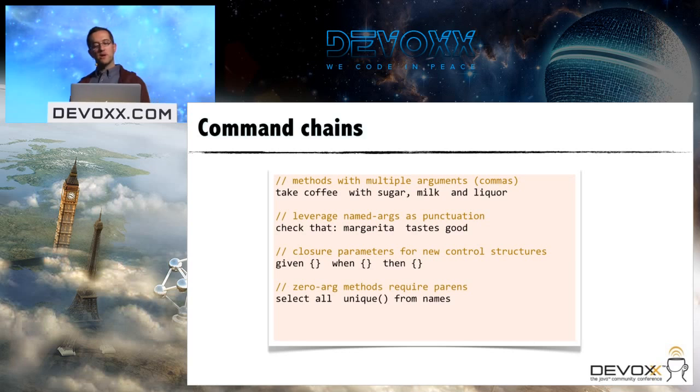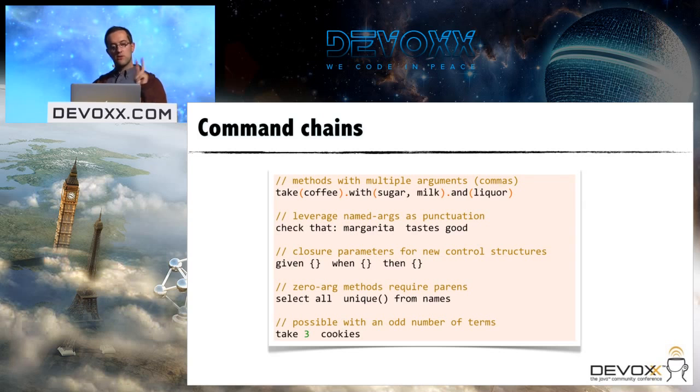There's one case where you actually need parentheses. It's when a method in the chain of calls doesn't take any argument. So when there are 0 arguments, you'll have to use the parentheses to disambiguate.